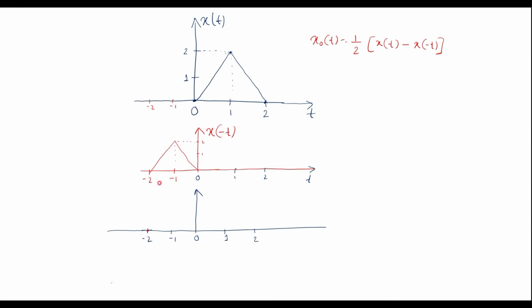So 0 minus 2, that is equal to minus 2. Say somewhere here is minus 2 value, that is, we should join these 2 points.